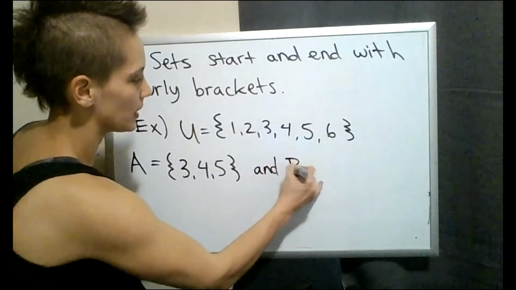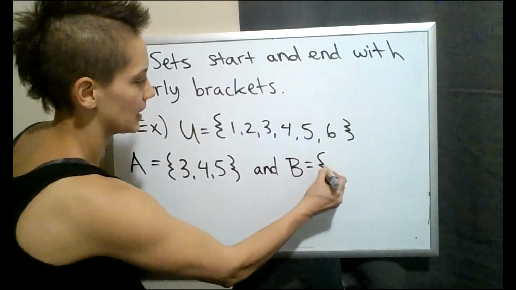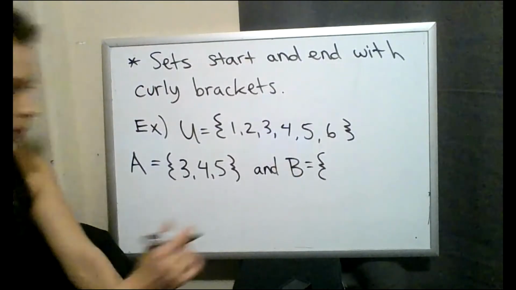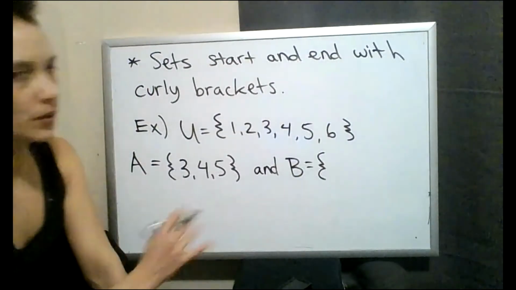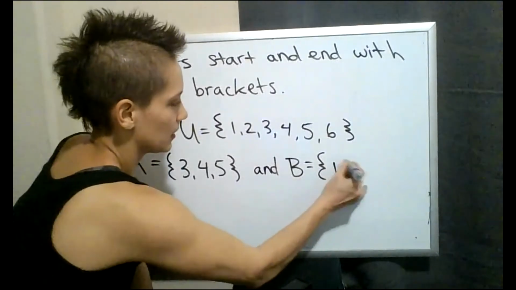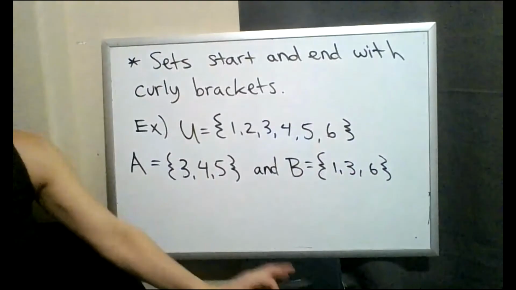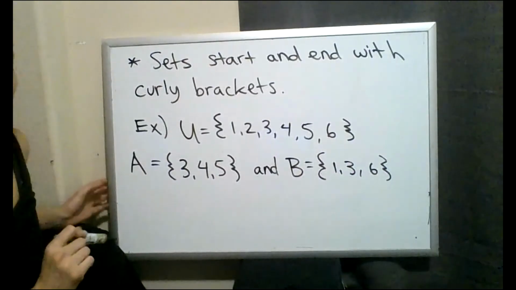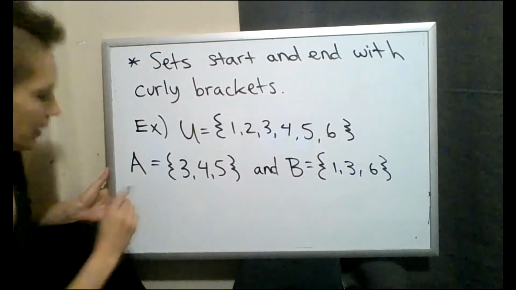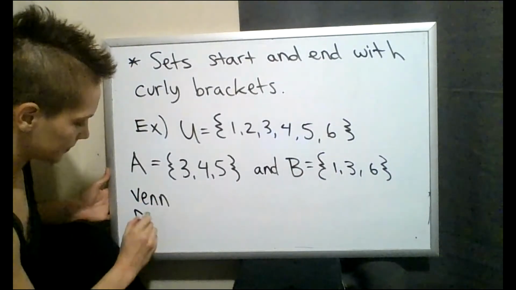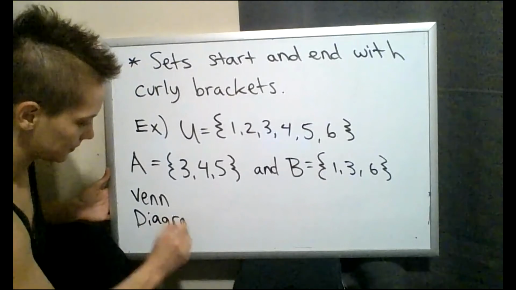Okay, set B is the set that contains 1, 3, 6. And we're just doing a Venn diagram for this one.